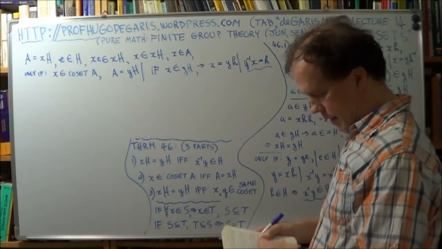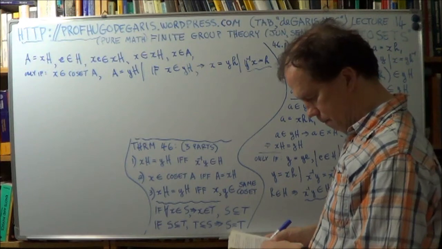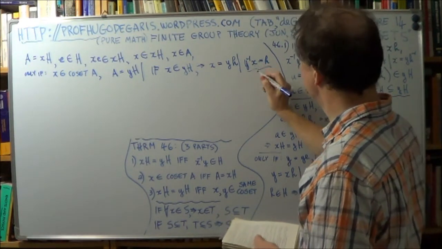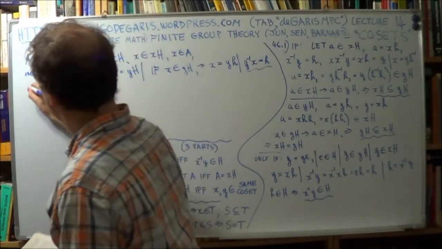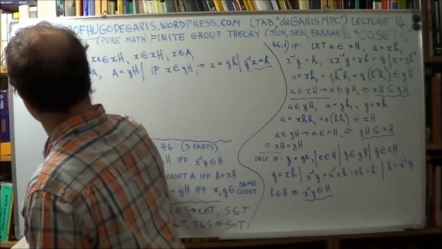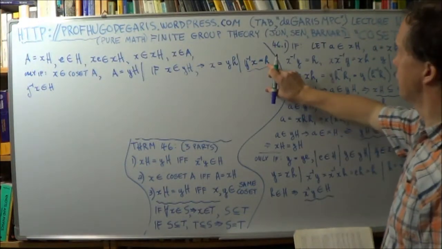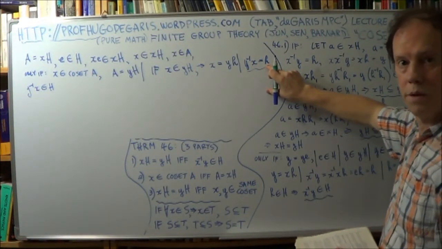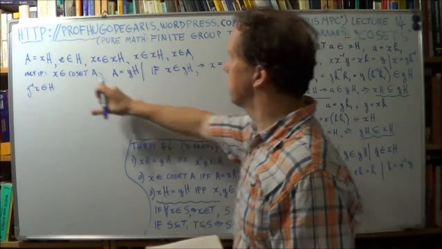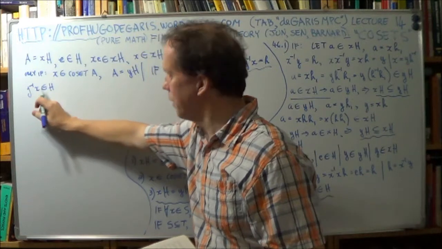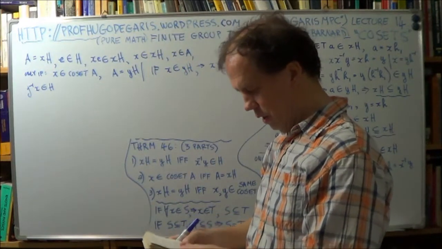Alright, now if that's true, that means that y inverse x has to belong to H, right? Because little h belongs to your subgroup, right? So y inverse x belongs to H.